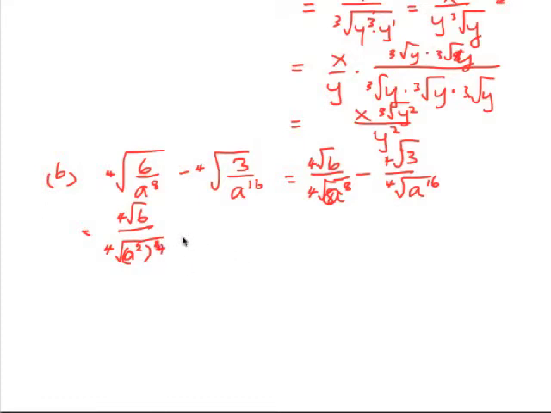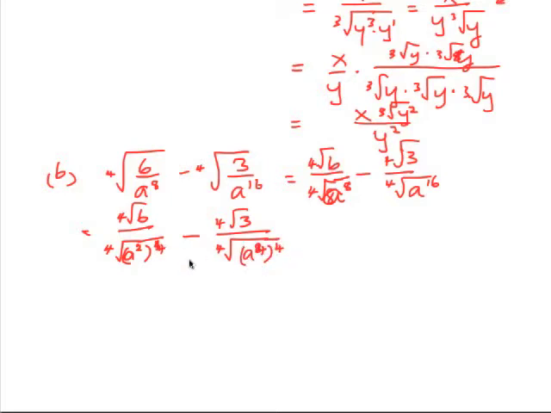okay, subtract the fourth root of 3 over, let's have a look here, it's going to be the fourth root of a to the 8, a to the 4 to the power of 4.